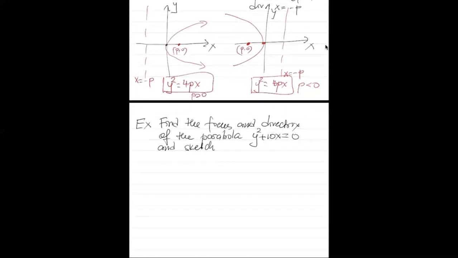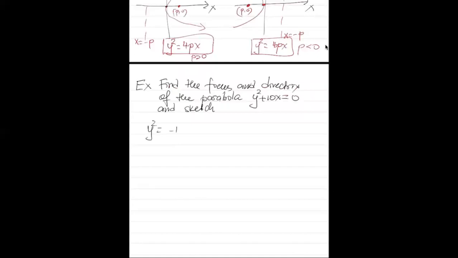So we have the equation y squared equals negative 10x, and that matches with our second equation, which is y squared equals 4px. So 4p is equal to negative 10. Solve for p: negative 10 over 4, or negative 5 over 2. It's negative.